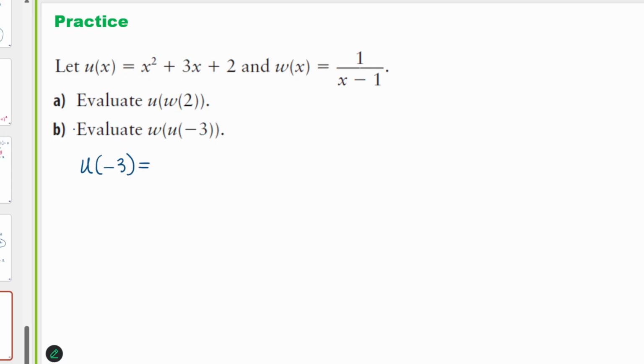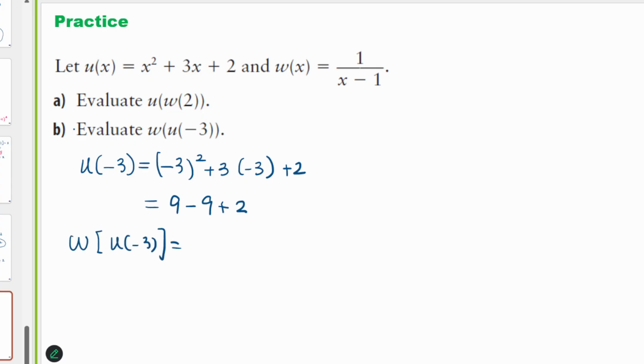So u(negative 3) is negative 3 squared plus 3 times negative 3 plus 2. That'll give you 9 minus 9 plus 2. And then we evaluate w of u of negative 3, which is actually w of 2. w(2) is 1 over 2 minus 1, which will give you 1, right?